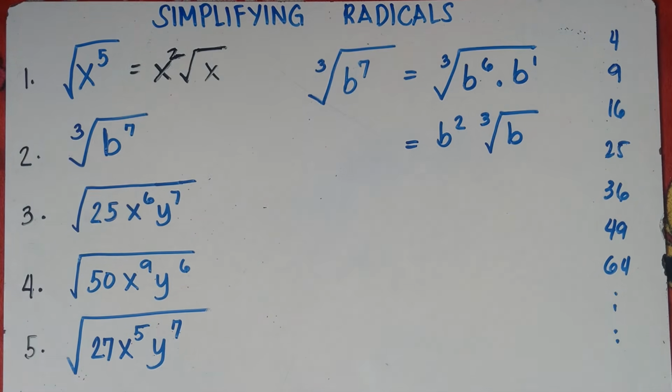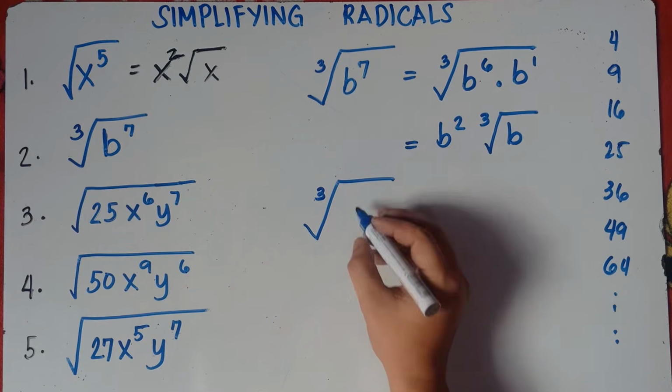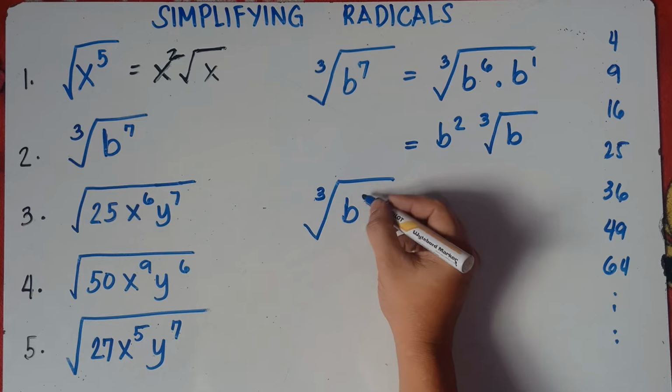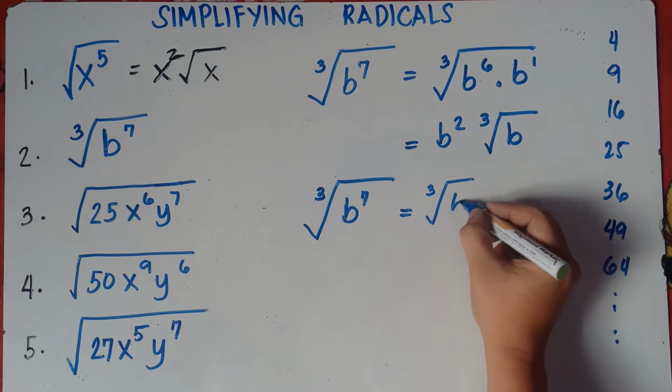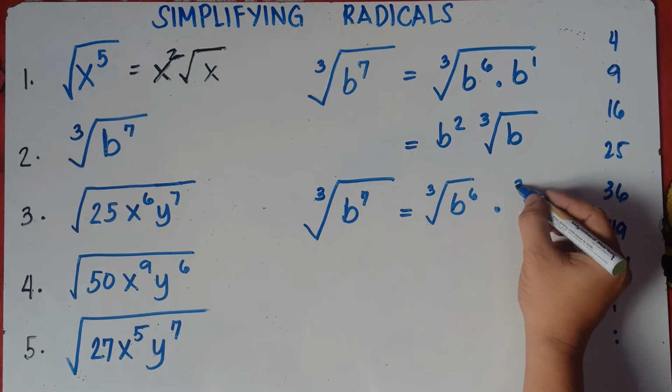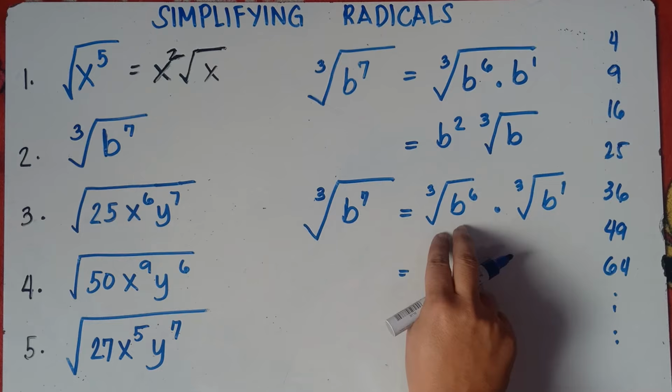That's the answer, class. Once again, if you do it individually, this will be the answer, because there are some students that will be confused with this one. So you can write this one as the cube root of b raised to the power of 6 times the cube root of b raised to the power of 1. And in this scenario, we can write this one in exponential form.